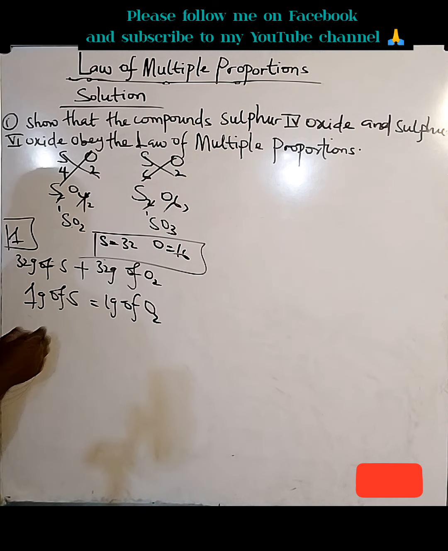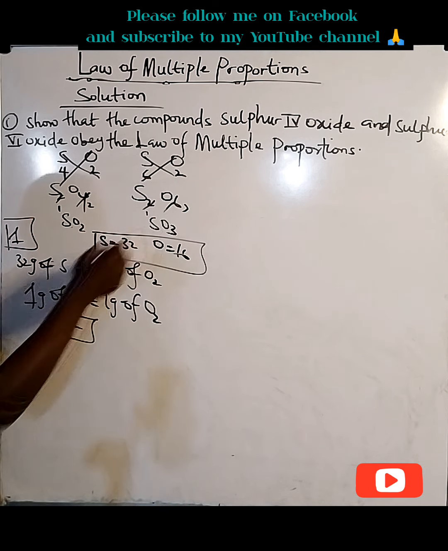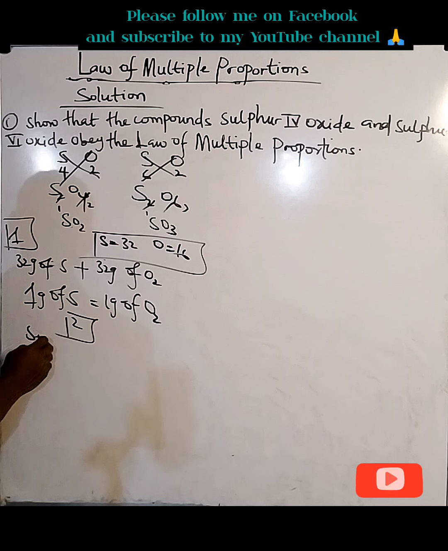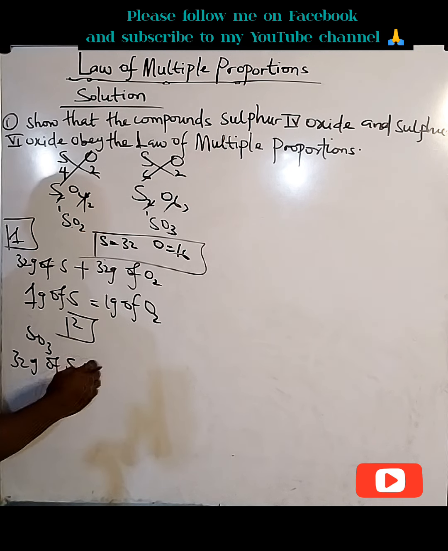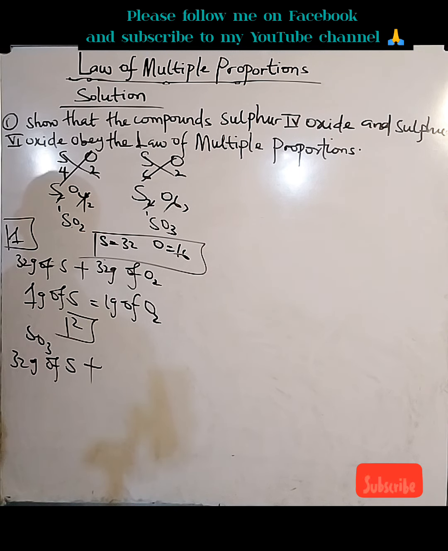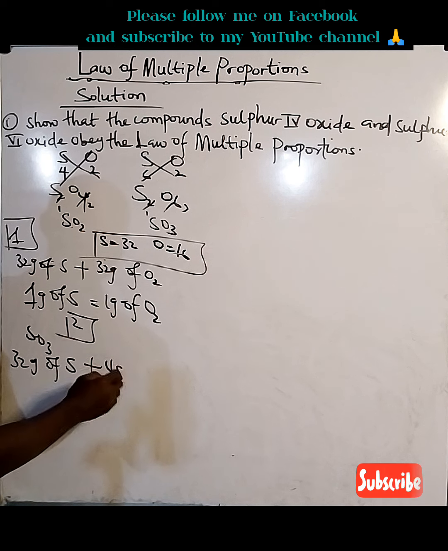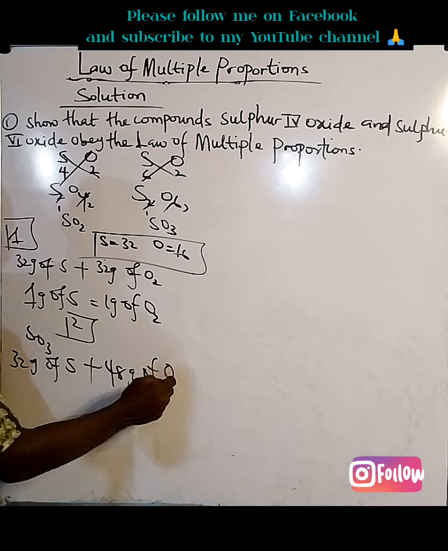So let's look at the second compound, SO3. This is sulfur (VI) oxide. Here we have 32 grams of sulfur combining with 16 times 3, which is 48 grams of oxygen.